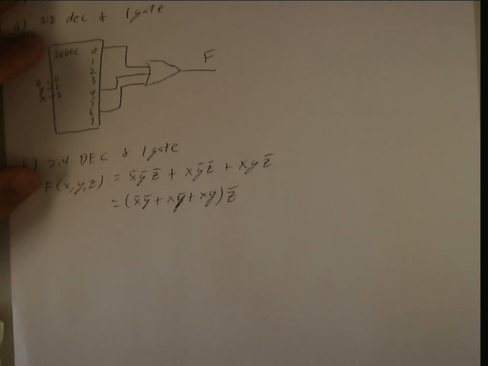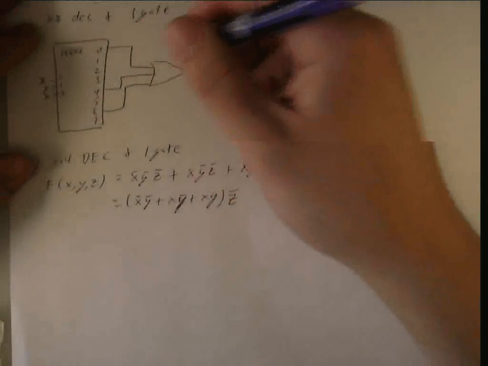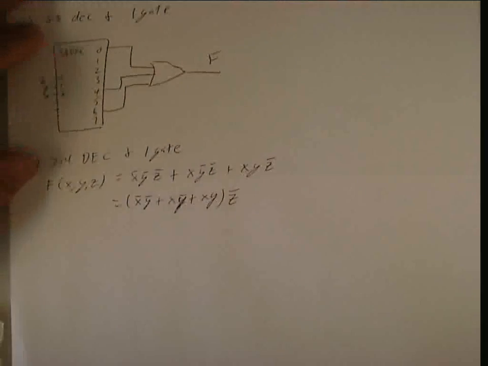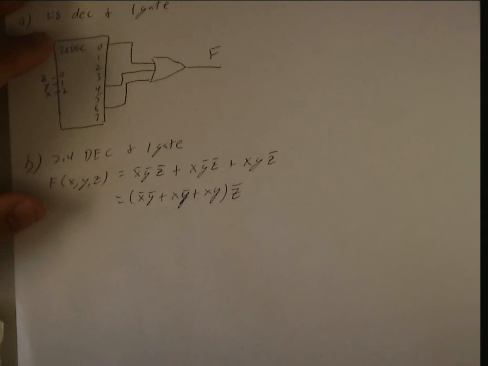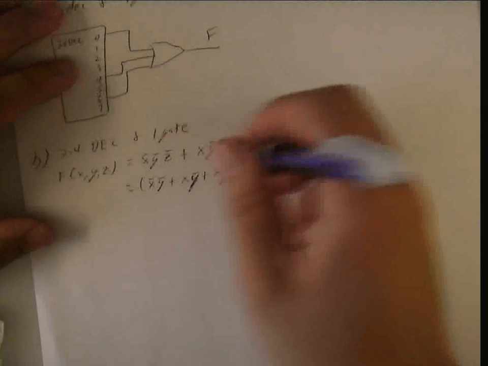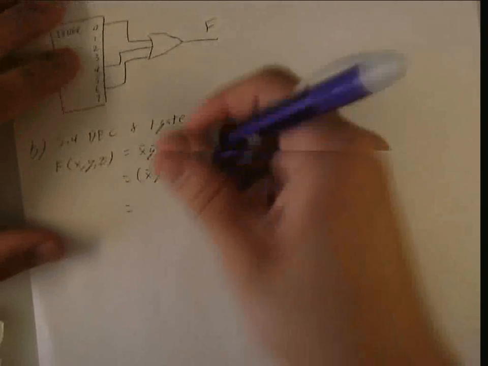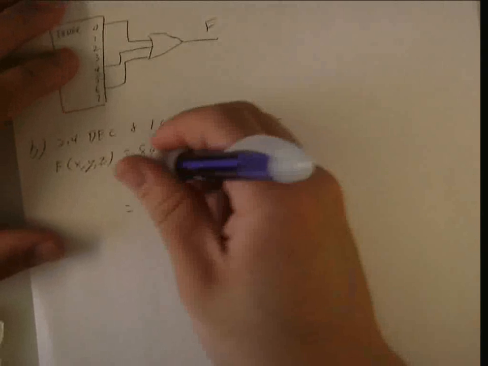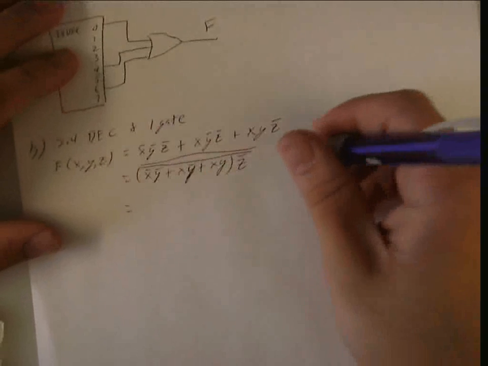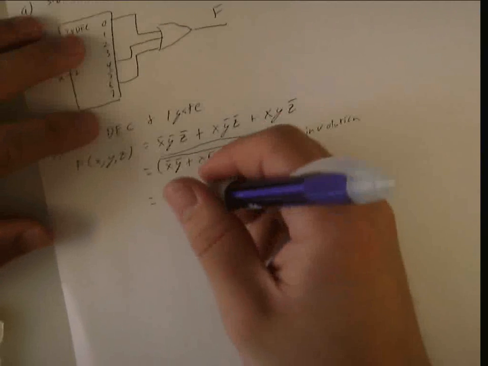So something we can always do with the decoders is, rather than use an OR gate, we can try using a NOR gate, in which case we're going to be finding the complement of all of this. So I'm going to double complement this and see what I can get into a NOR shape. So we're going to double complement it using involution. And let's see what we get.